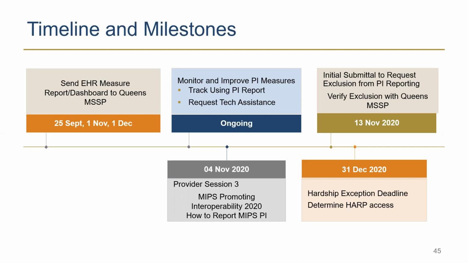But that exception application has to go in by December 31st. You will also want to have HARP access into the QPP portal by December 31st, either because you have filled out an exception or because you are getting ready to actually submit promoting interoperability data.